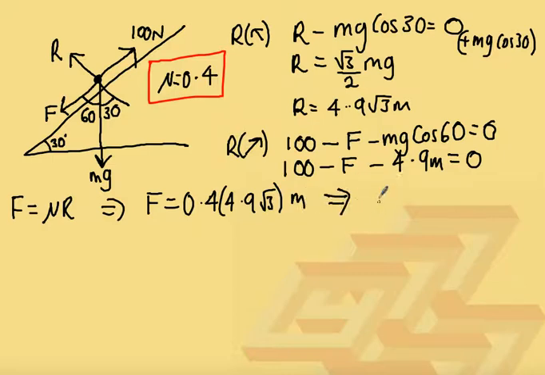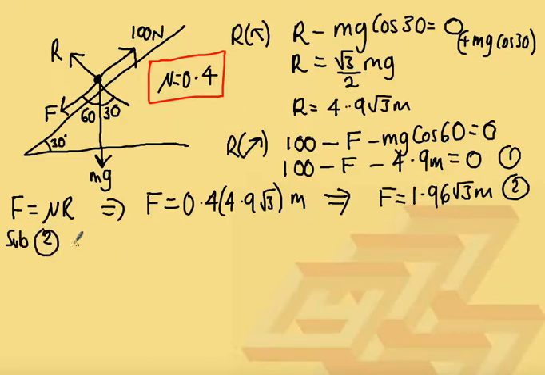And when I tidy this up, I get that the friction is in fact 1.96 root 3 m. What this means is, if I number my equations 1, 2, I can sub the expression for F that I've just obtained from the friction into the equation I've got when I resolve parallel to the plane.